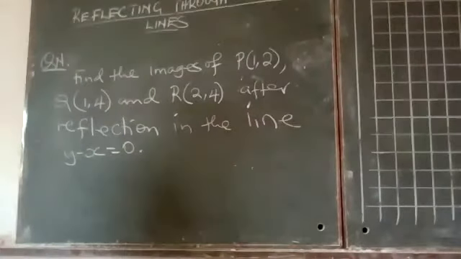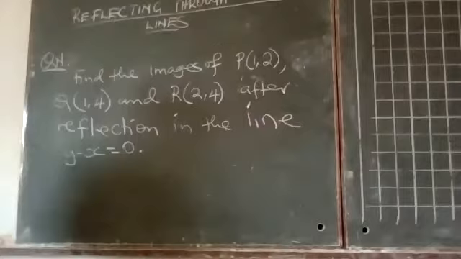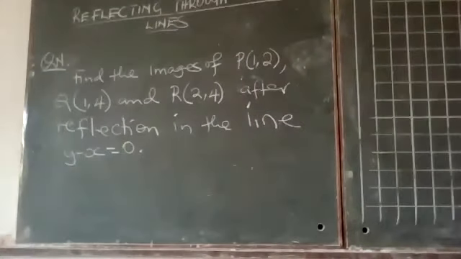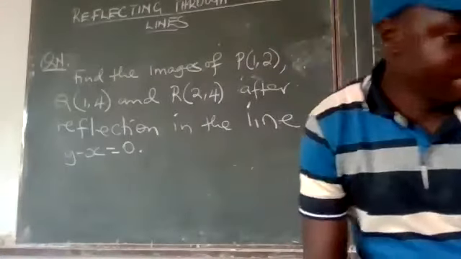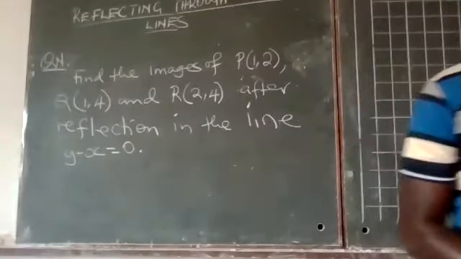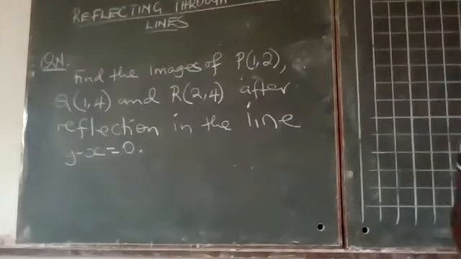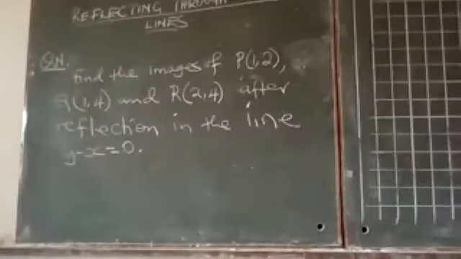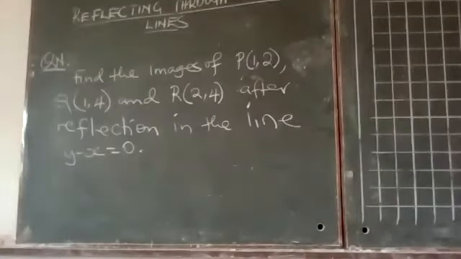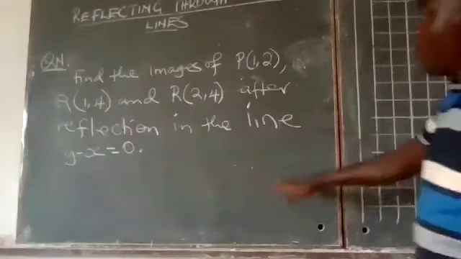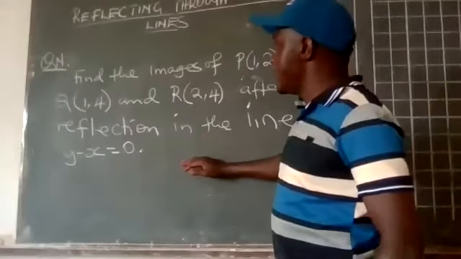The heading is reflection through slanting lines. Good morning, everyone. I want us to pick it from here. The subheading is reflection through slanting lines, and our example is here.